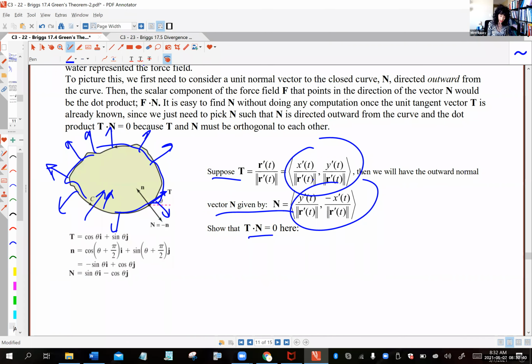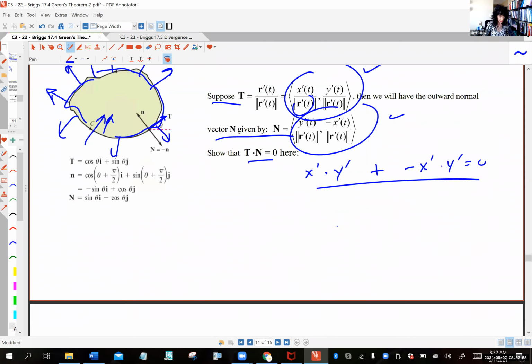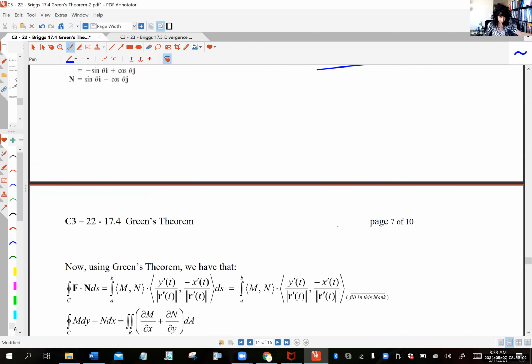So if you've got this is your T and this is your N, you're going to have x prime dotted with y prime, I'm ignoring the denominator since they're the same, plus negative y prime times x prime, and that of course will be 0. So it's going to work out. So that's the flux version here.